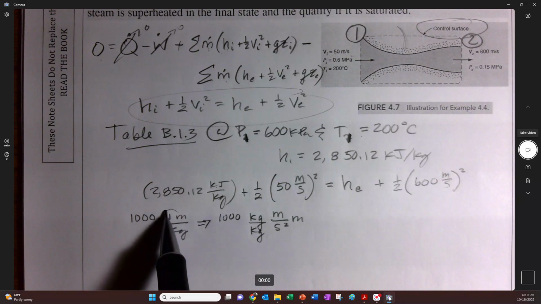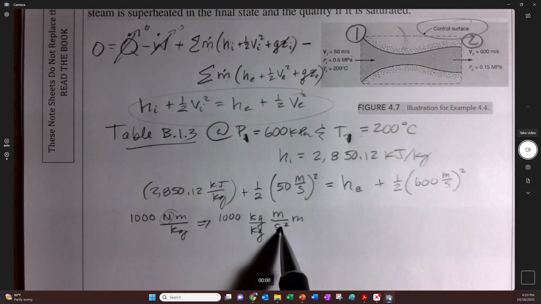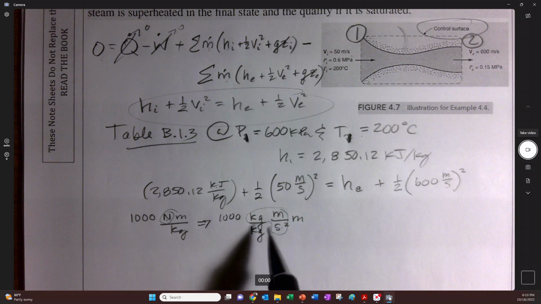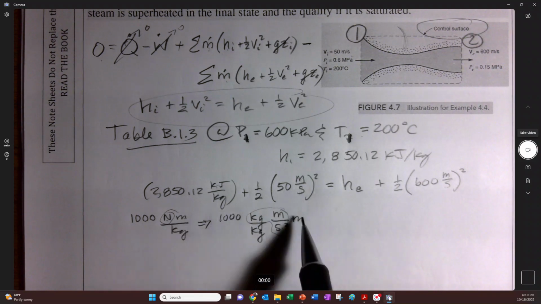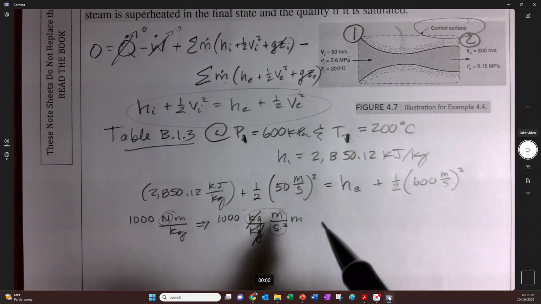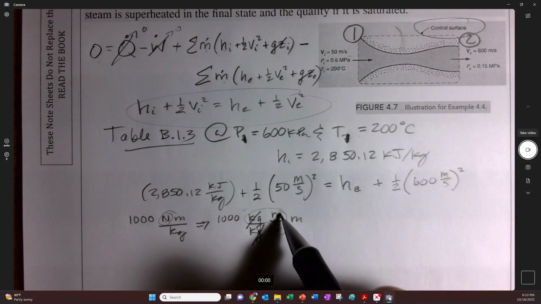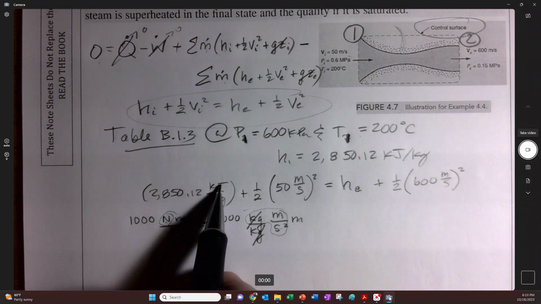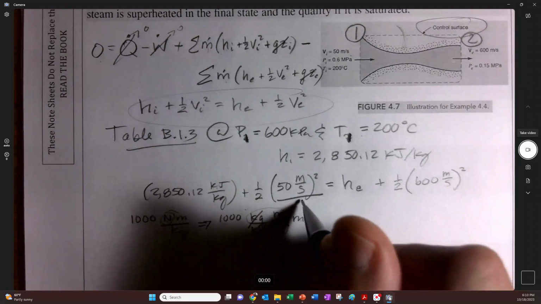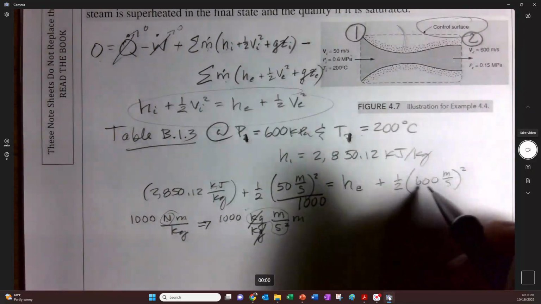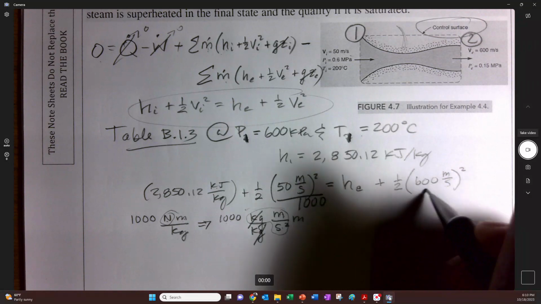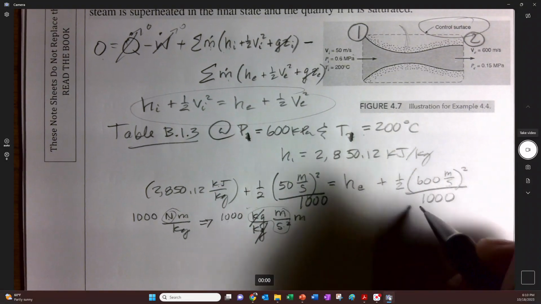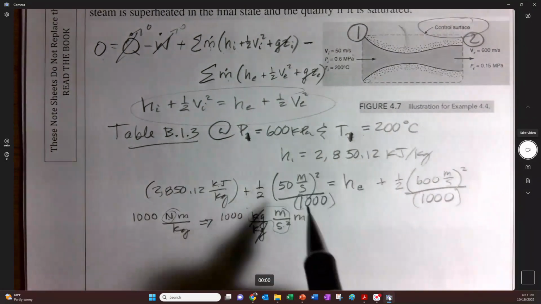So we replace Newton with the kilogram meters per second squared. Right there is the Newton, right here's the kilogram, and there's the meter. So you see the kilograms coming out, and the meters squared, second squared. All right. So what we have a problem with is that kilo. So we need to divide by 1,000 right here in order to make these compatible.